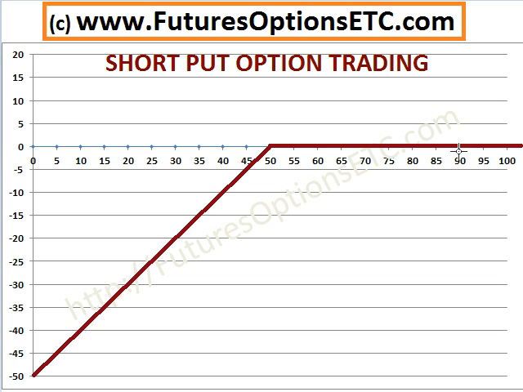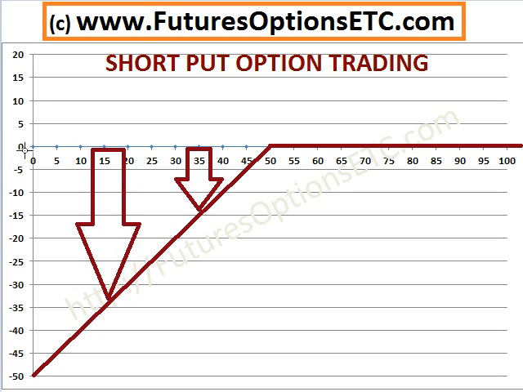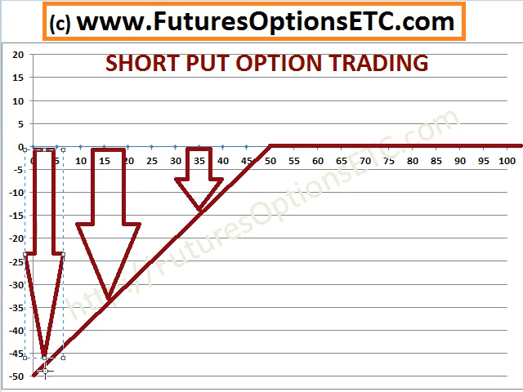Above $50, the payoff function is a zero line, which is at this level. Below $50 means as soon as the IBM stock price, that is the price of the underlying, reaches below $50, then your losses will start to increase, and this is how your losses will keep on increasing. The lower the underlying price goes, the more loss you are going to make.